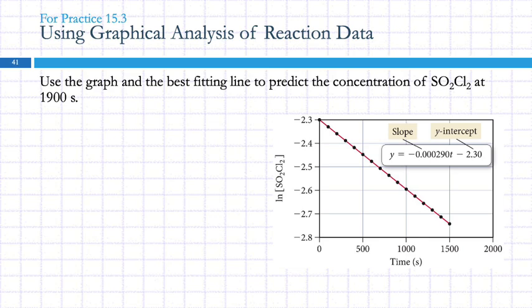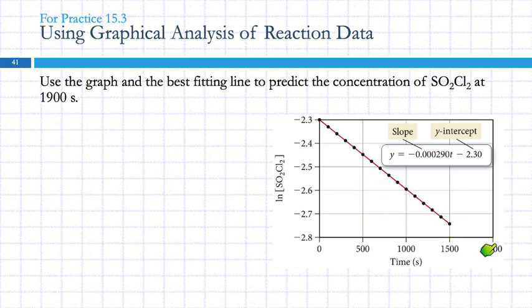Okay, here's another problem. Use the graph and the best fitting line to predict the concentration of SO2Cl2 at 1900 seconds. Well, if we look at this graph, we see that it only goes up to 1500 seconds, right?